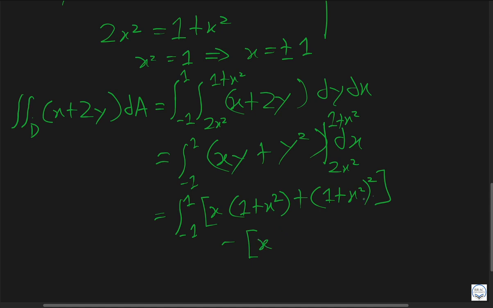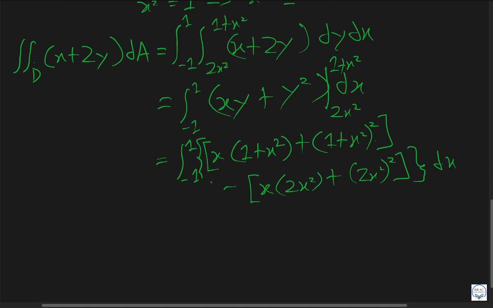This has to be subtracted with the lower limit. Now we're placing 2x squared in y's place. So we have the 2x squared.